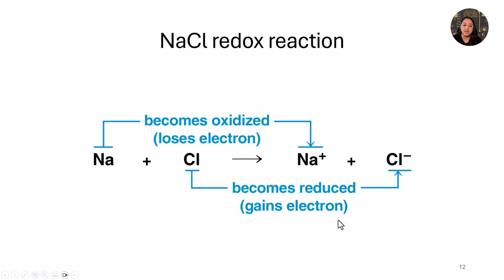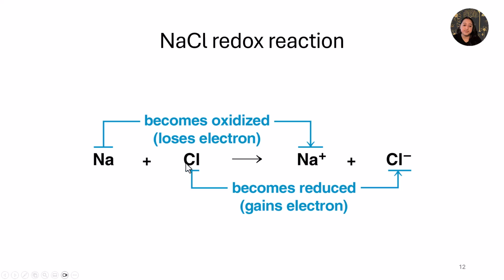So here's an example of sodium chloride, or salt. So sodium, Na, chloride, Cl. In this reaction, sodium gets oxidized, like its electrons get stolen. It loses its electron. In this case, it's not oxygen, but in reality, a lot of times it is. So we say it becomes oxidized because it got robbed of electrons. And now, because it lost electrons, it's more positively charged. So it's a Na+.